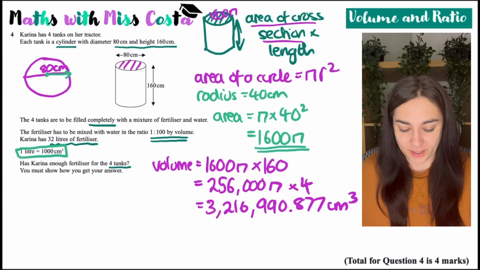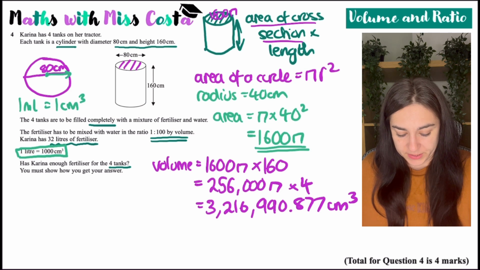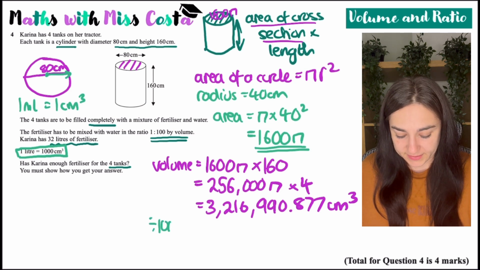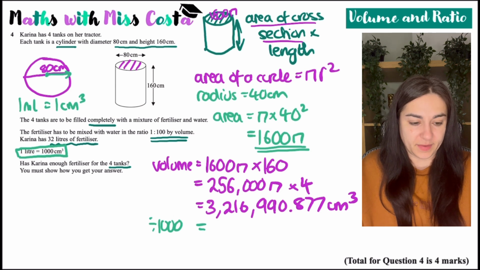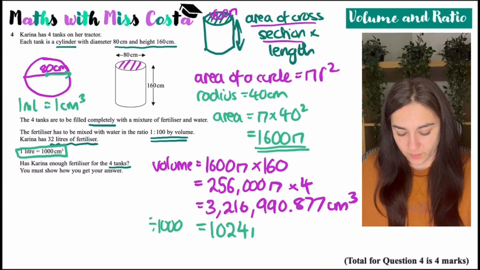Now I've been given a vital piece of information, which is that 1 litre is equal to 1,000 centimetres cubed. And that's because 1 millilitre is equal to 1 centimetre cubed. So what I want to do to turn my centimetres cubed into litres, I'm going to divide by 1,000 to get it to litres. So divided by 1,000 gives me 1,024 pi.